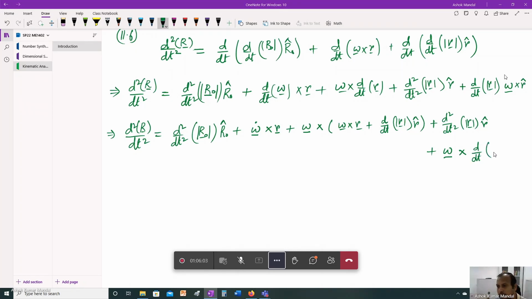To make some sense, can I write like this? Be with me for 5 more minutes. I will complete this, and then tomorrow we will discuss the physical significance of each quantity. We'll take several examples to understand its application.